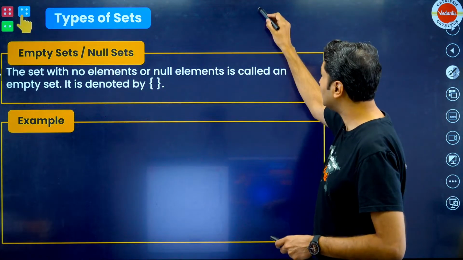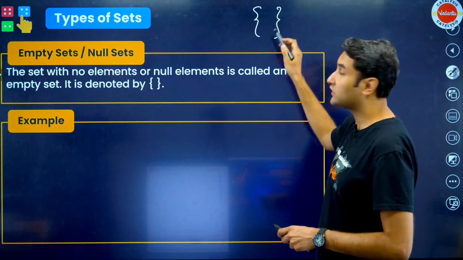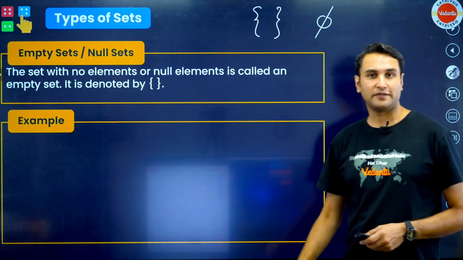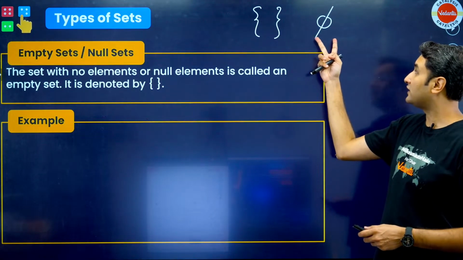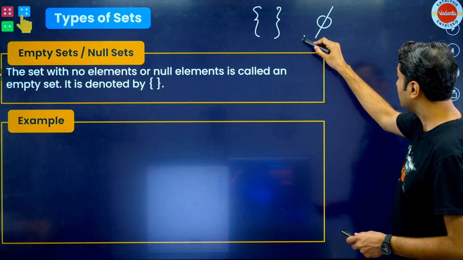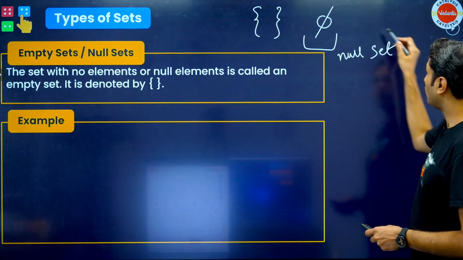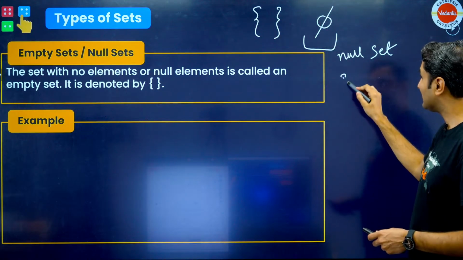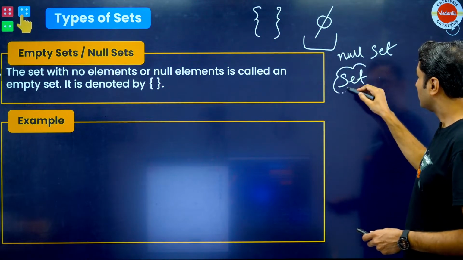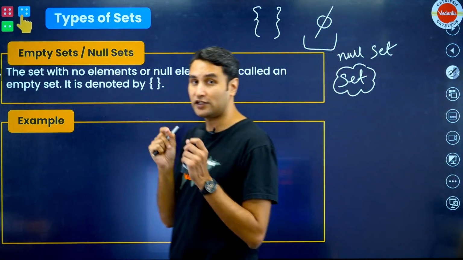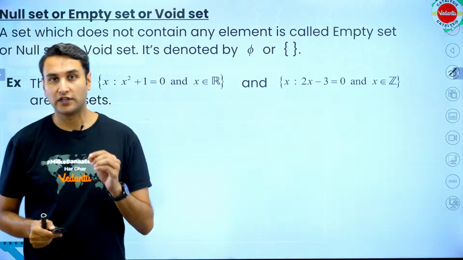It is denoted either by curly brackets with nothing inside, or it can also be represented with phi. So it means null set. Remember, this is a set. We also call it phi, but remember, null set is a set. I'll talk about it as we go ahead.